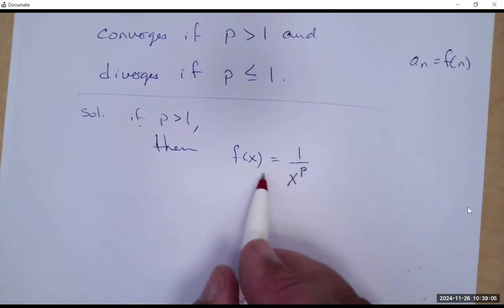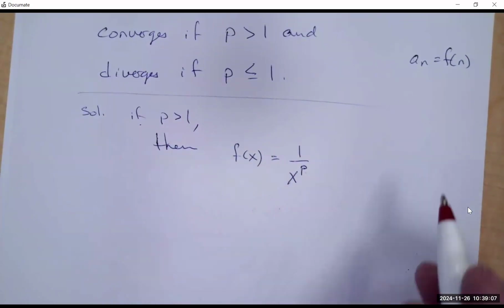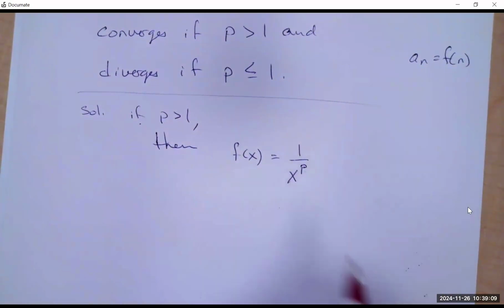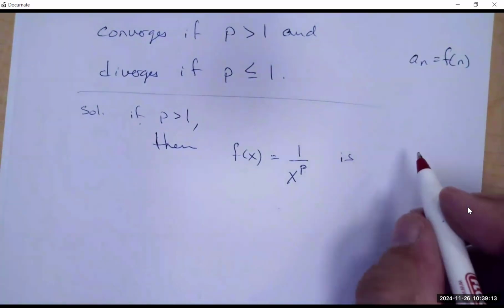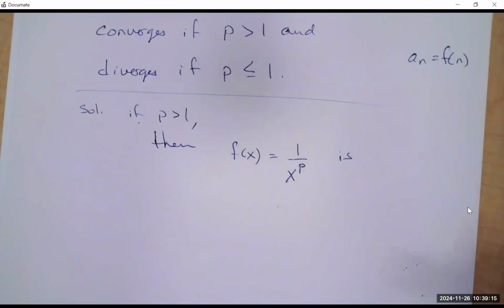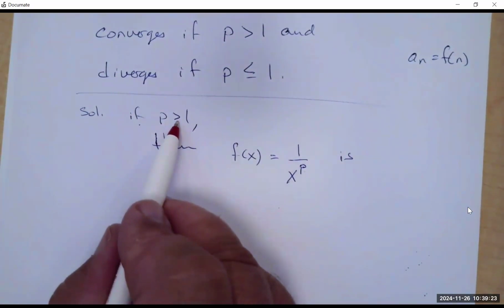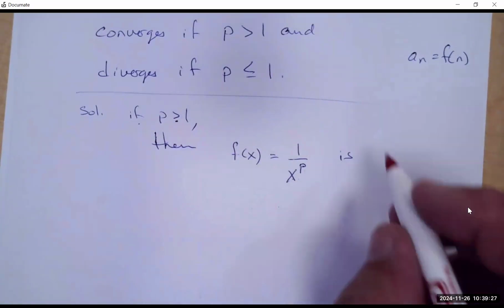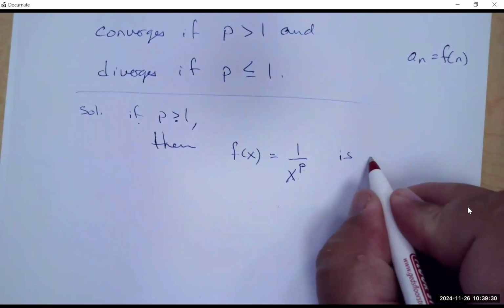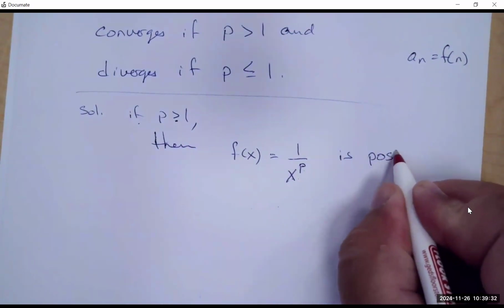Remember, p is a constant. The only thing that changes is the x. Is it positive? Are there any negative numbers here? No, because p is positive and x goes from 1 to infinity. So it's positive.